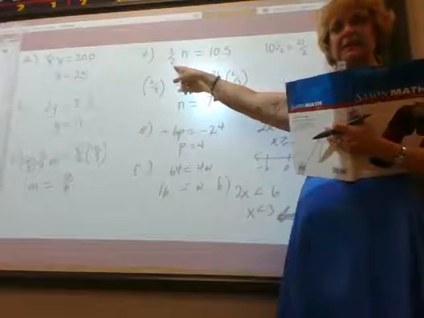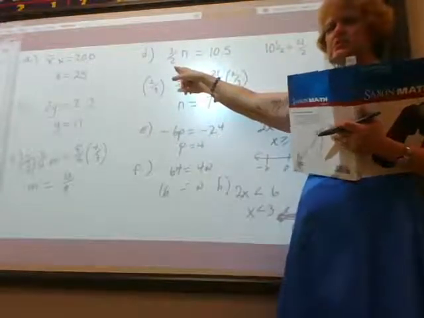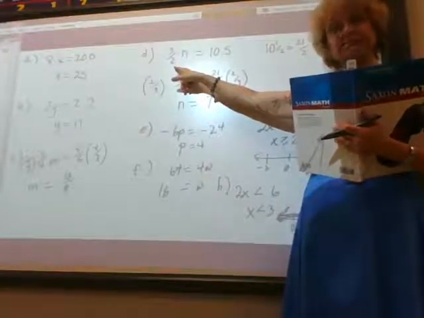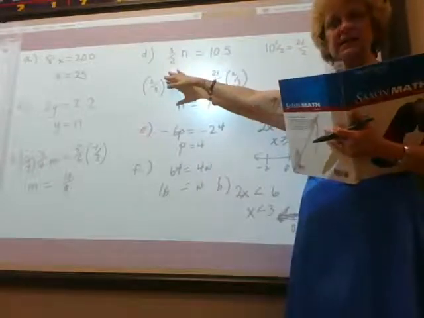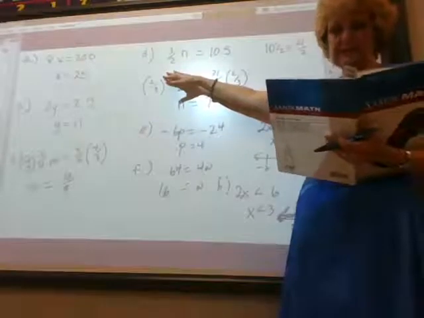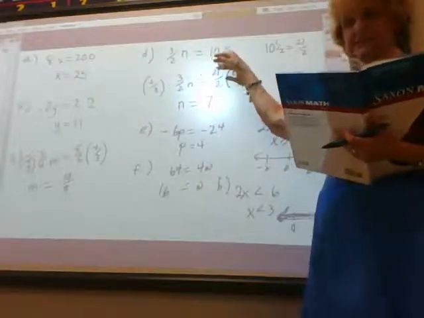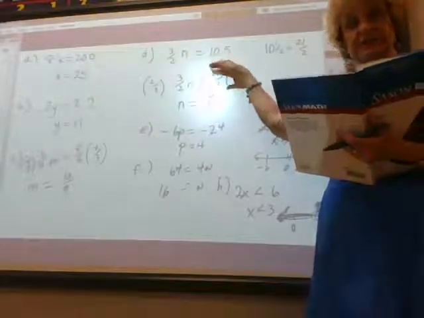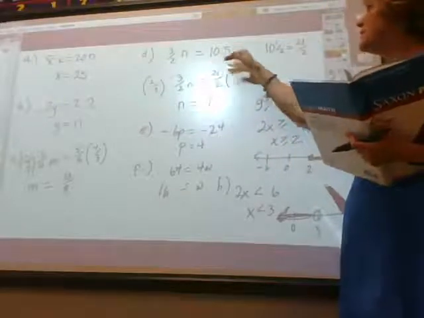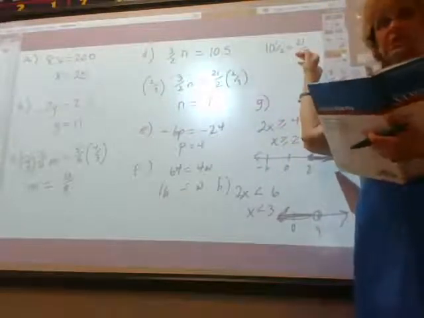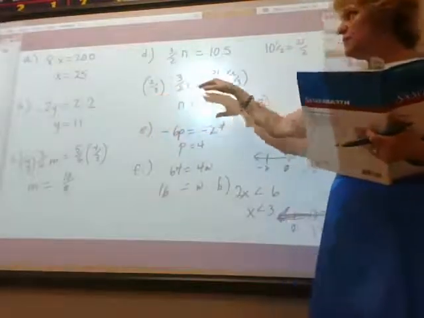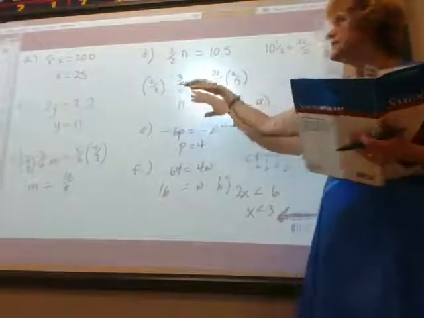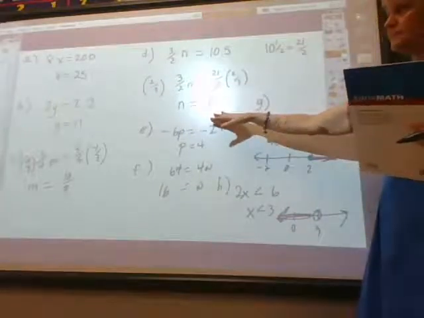I hope you see that. Whenever you're dealing with mixed numbers, you need to turn them to improper. So that 1.5 n became 3/2 n, and then 14 take away 3.5 was 10.5, which I switched to 21/2. So then I multiplied by the reciprocal of the coefficient on both sides, and I got n is 7.